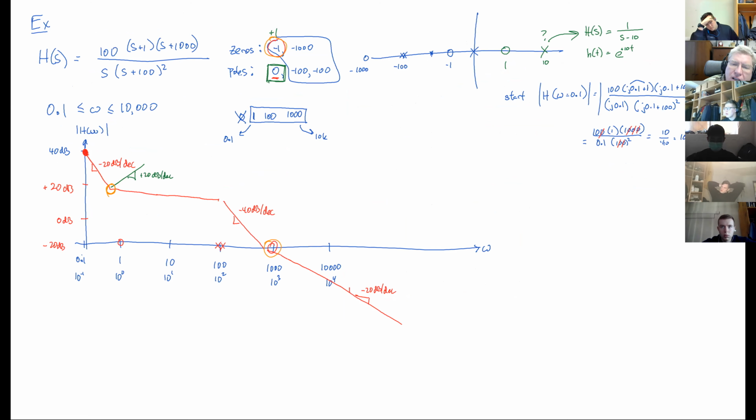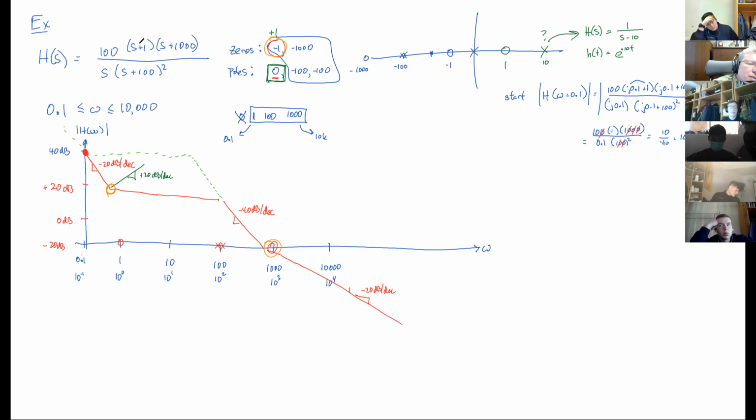If there's some design criterion that says we would like it to look instead like this, well, knowing how MATLAB does it alone doesn't tell you how to do that. But being able to calculate it by hand lets you say, hey, all I need to do is just move this zero to the left by a factor of 10.